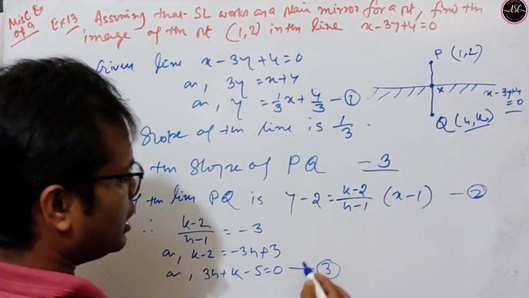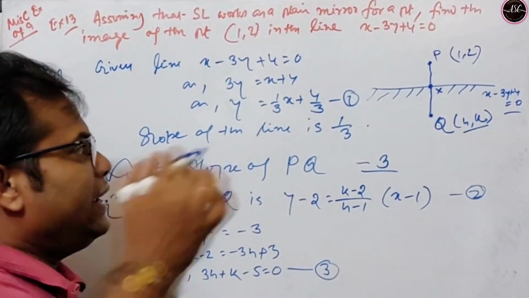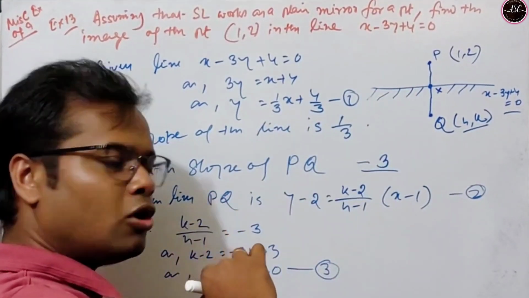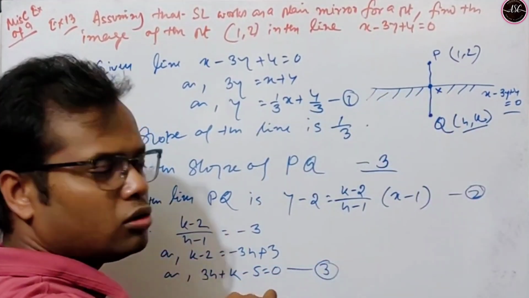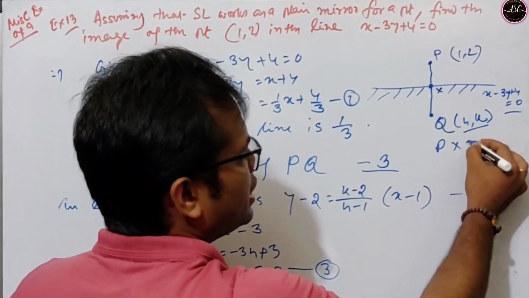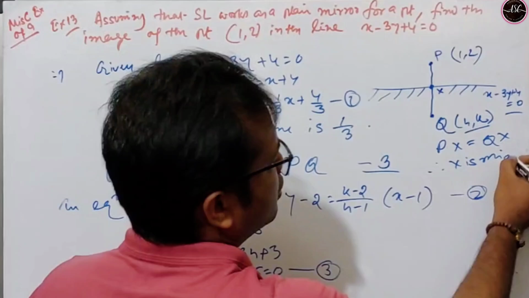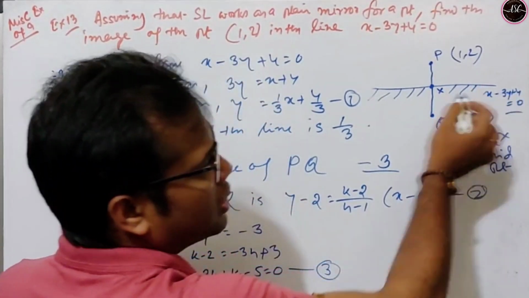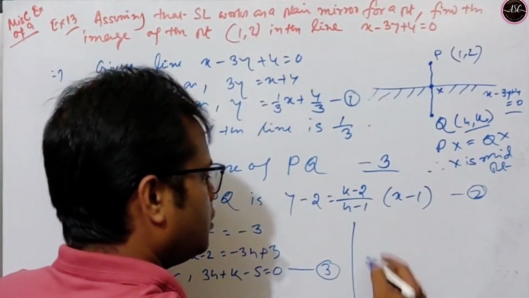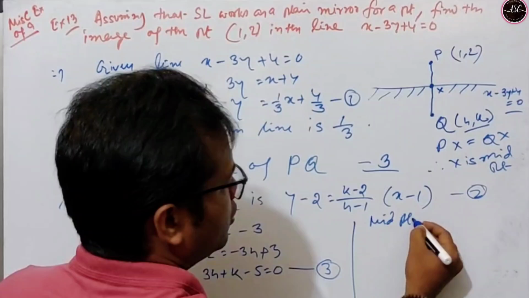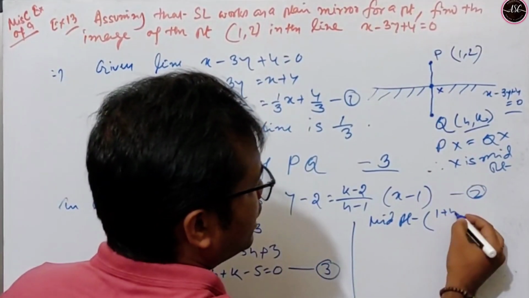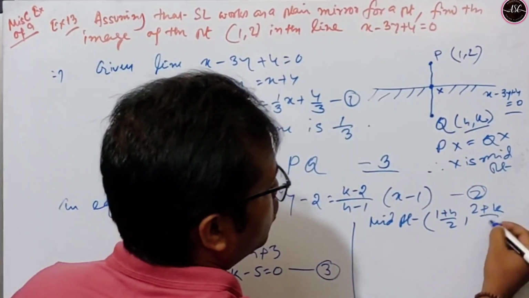This is equation 3. Now the midpoint of PQ lies on the mirror line. So the midpoint will be ((1 plus h)/2, (2 plus k)/2).